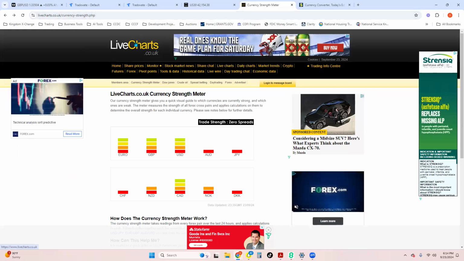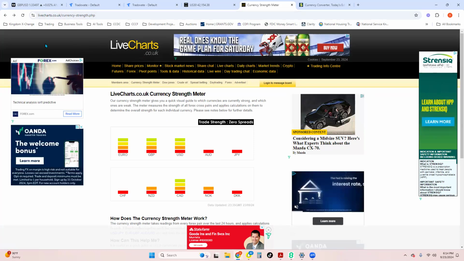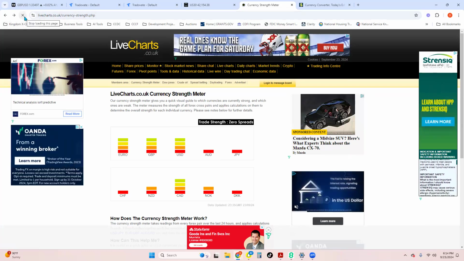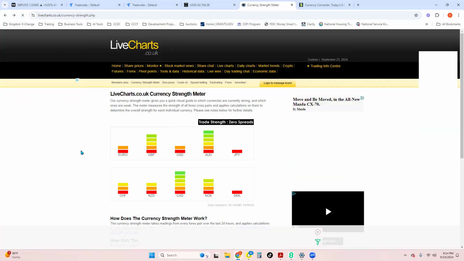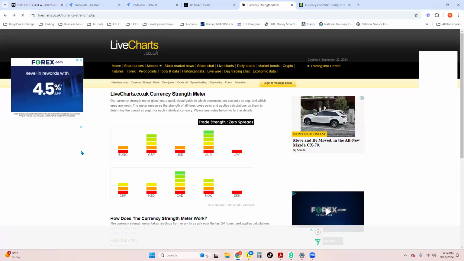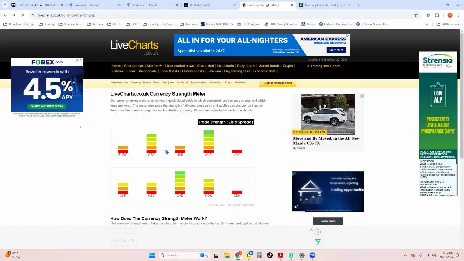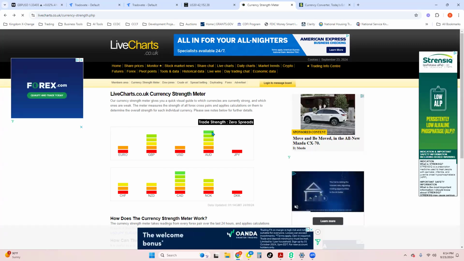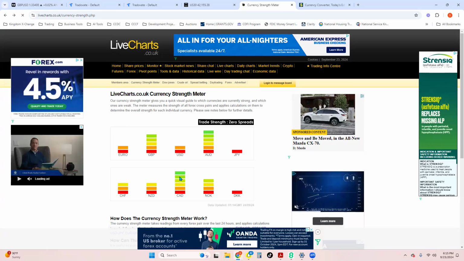It's for that time period, so this will change. I can refresh the screen and you see it changed. You want to make sure this is good for scalping. If you're scalping pairs, say for instance news happened, this is a good place to go to see what's going on.